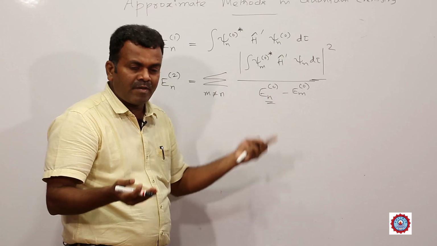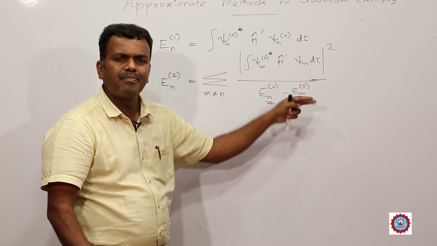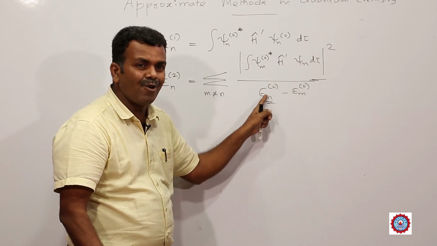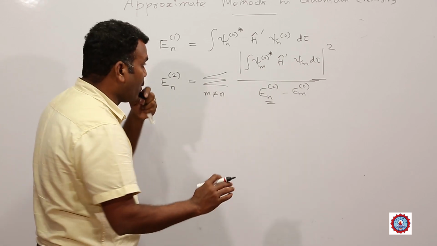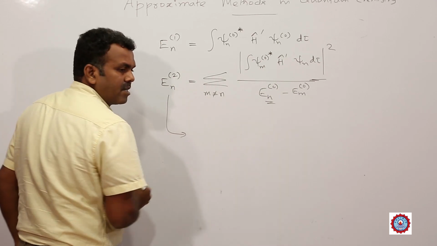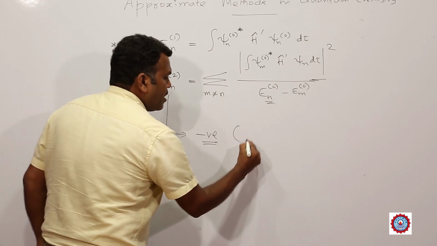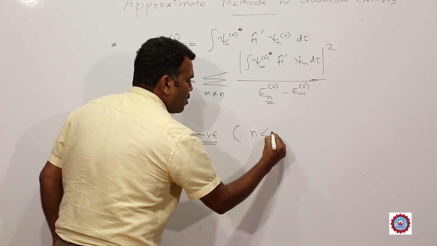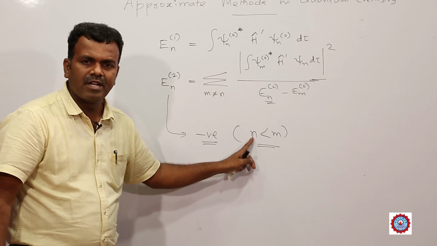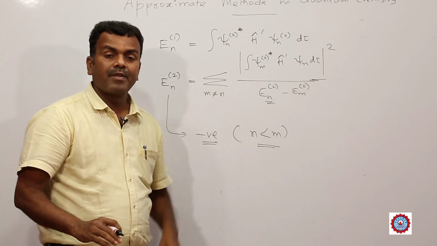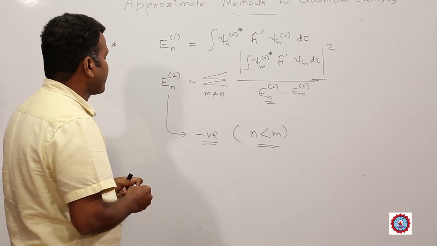Therefore, we all know that energy of the ground state is the lowest one compared to energies of the other states. So, lower value minus higher value will give you negative value for this. Therefore, the second order correction term is negative when nth level is lower than mth level. If the chosen state, the nth state, is lower compared to m, then this value will be negative. Okay. So, keep this information in mind.